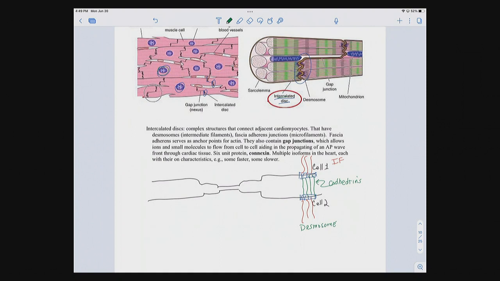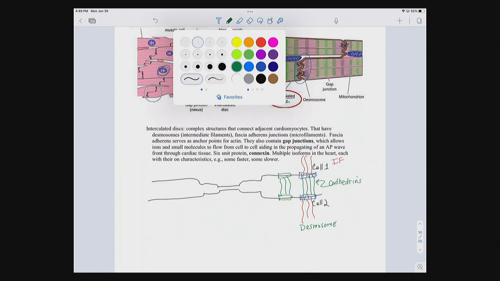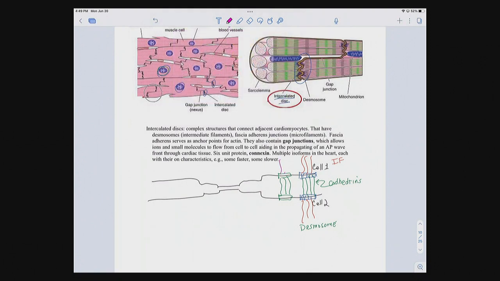The next thing I want to draw is, I'm just going to draw it over here and here. Okay, and so this one, again, I have cadherins in the middle here, and then I'll go maybe a different color, okay, here. And what I have here are actually microfilaments.